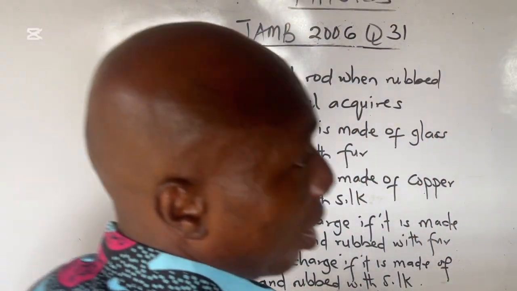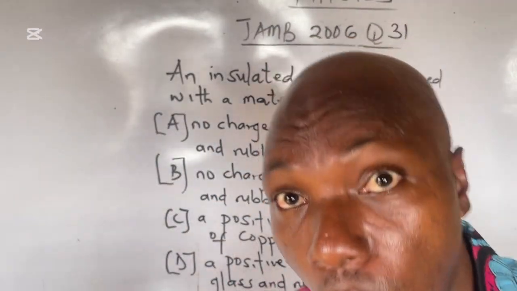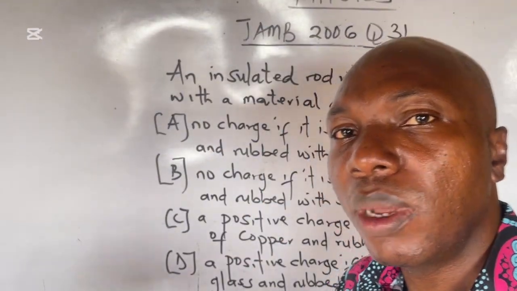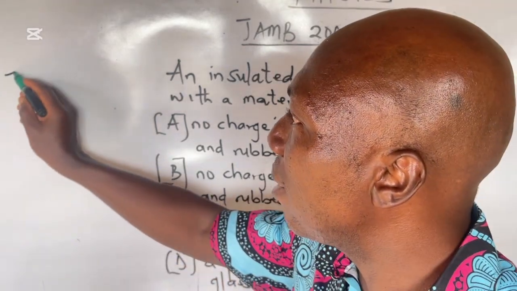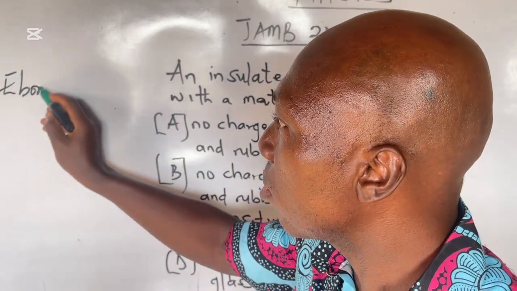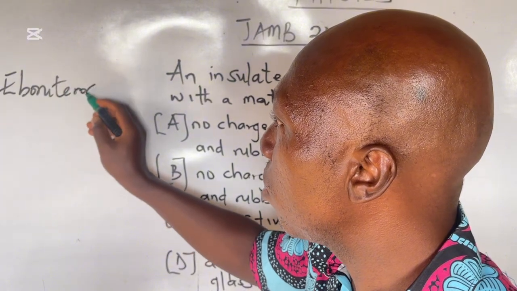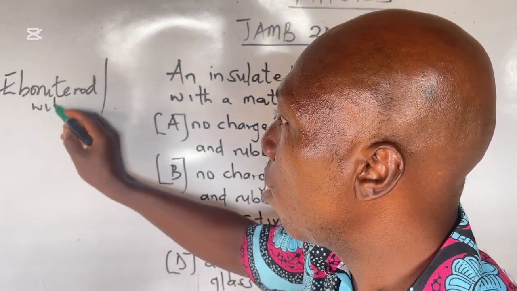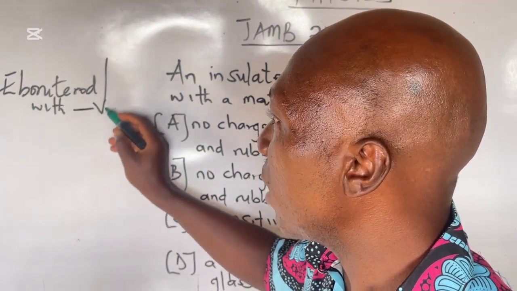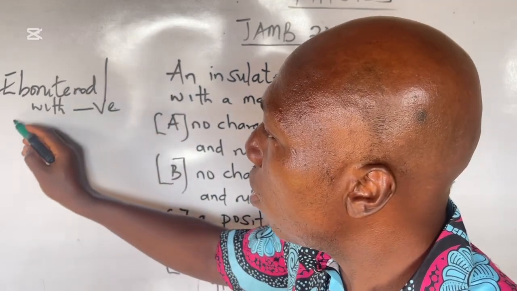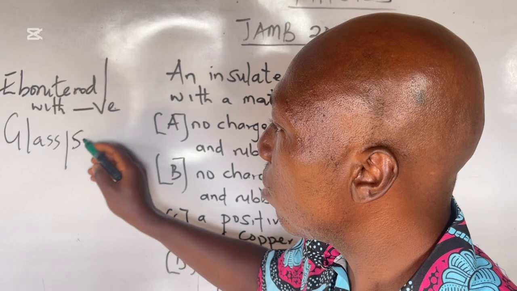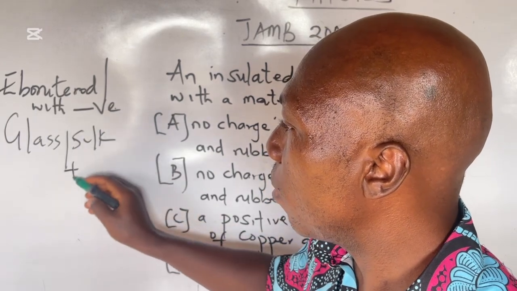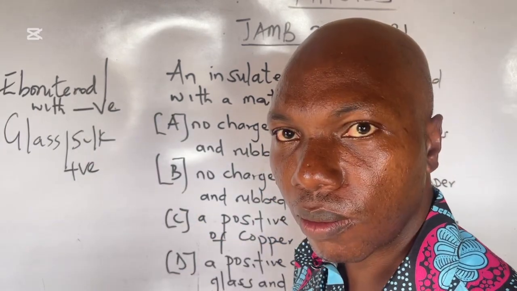When we rub an ebonite rod with fur, we have negative charge. When we rub glass with silk, we have positive charge.